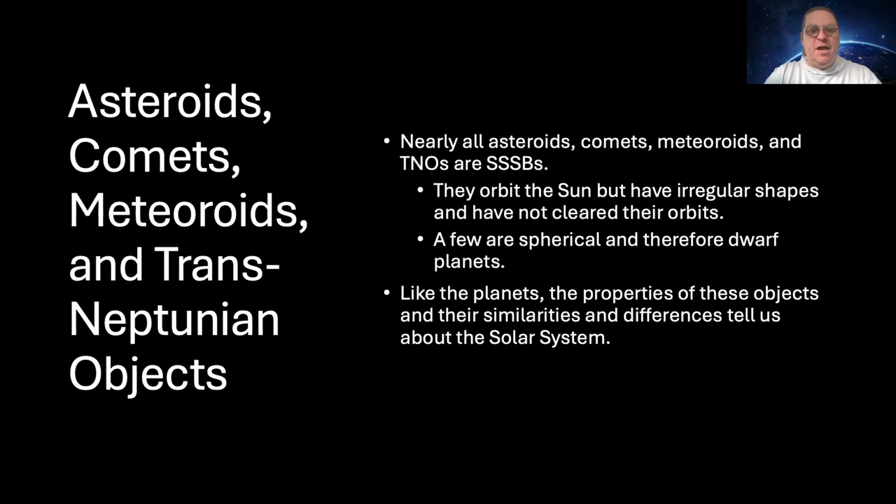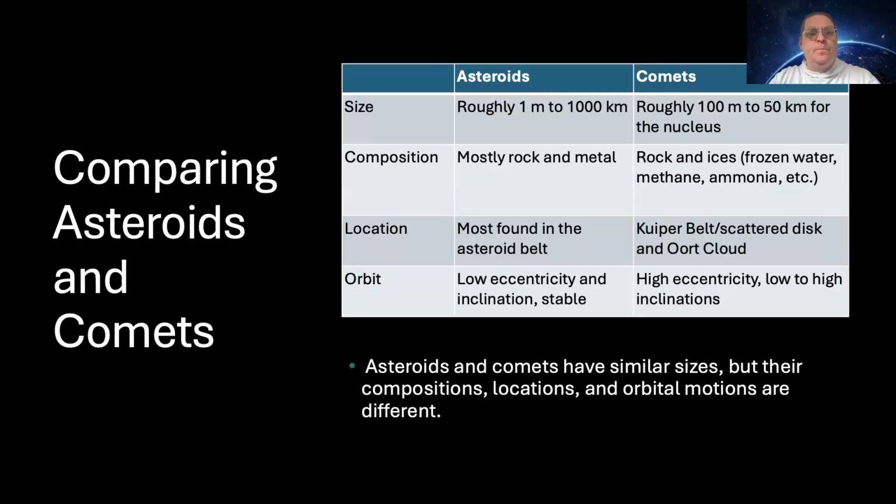They're irregular in shape. There are a few spherical ones, but these are objects that just seem to proliferate, or exist in large numbers, within the solar system. And their orbits are much more chaotic in range.